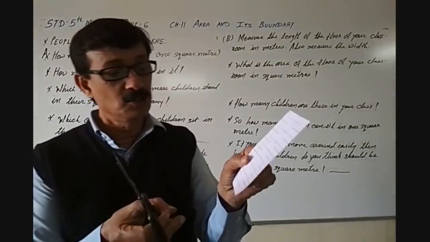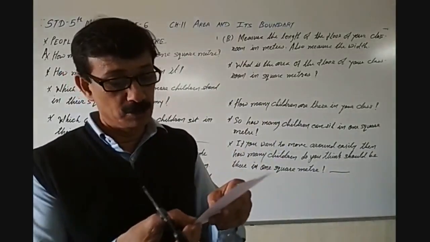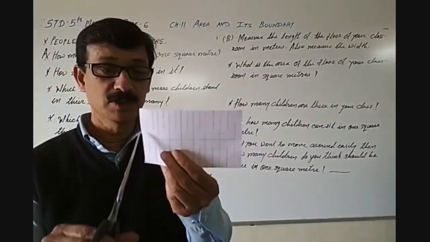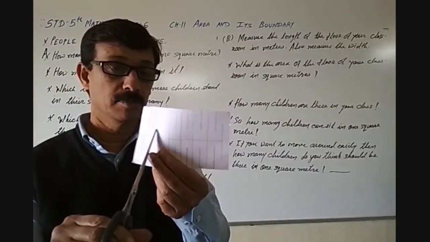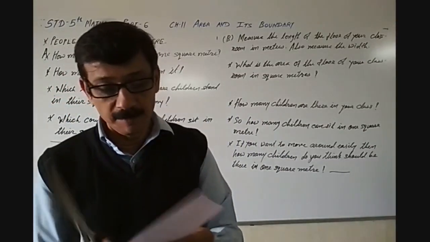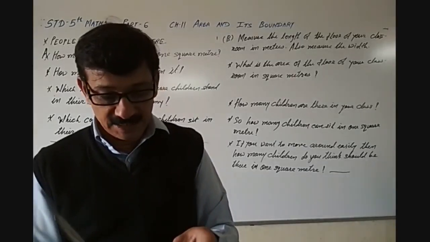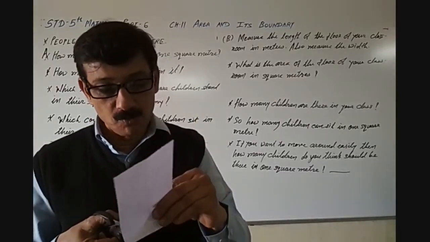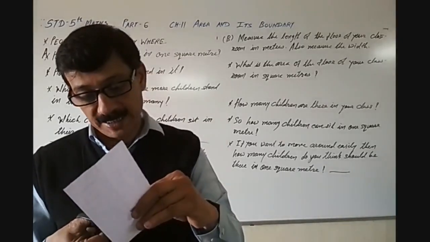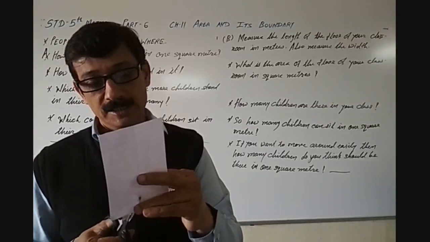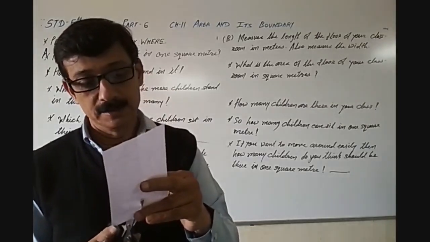Let me cut this postcard first. For that, I have to cut this I shape. Can you see this I shape? I will cut this I shape first of all. First of all, make a small cut so that you can start the cutting. Now start from here.